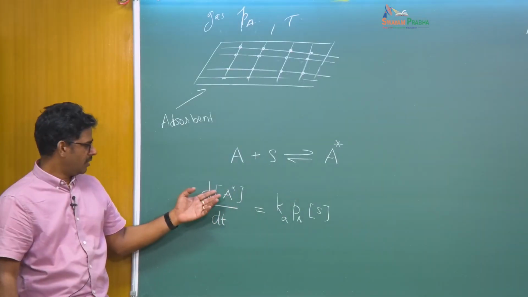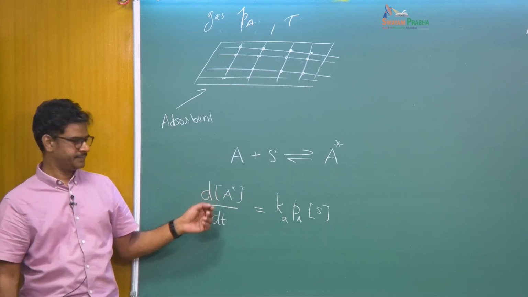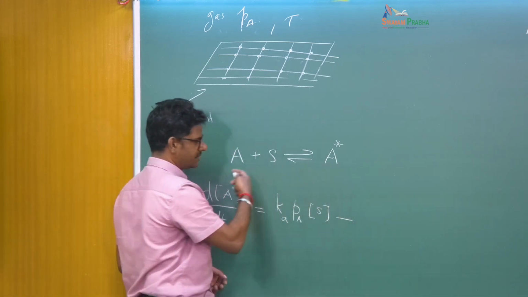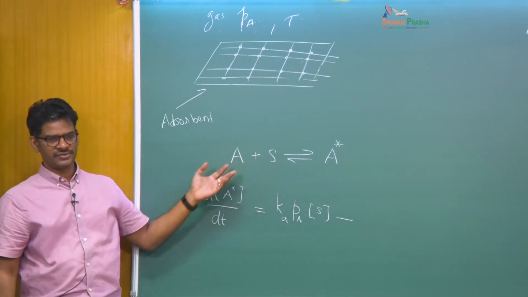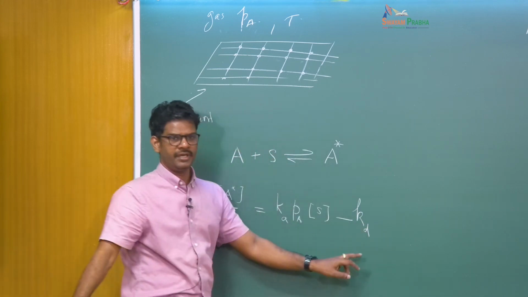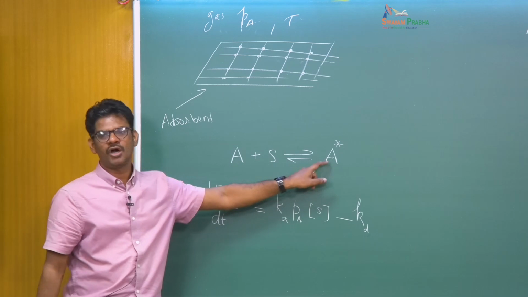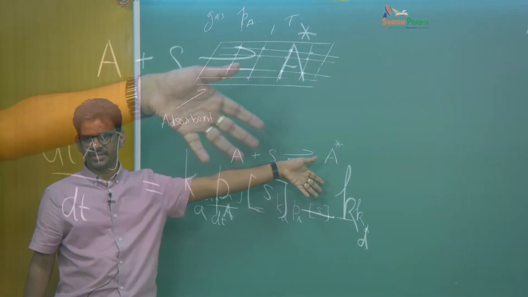Through this forward reaction, more and more adsorbed molecules are created, and the reverse is desorption, where we say a different constant Kd, d meaning desorption, and the rate is proportional to how many adsorbed molecules are present at that particular time.